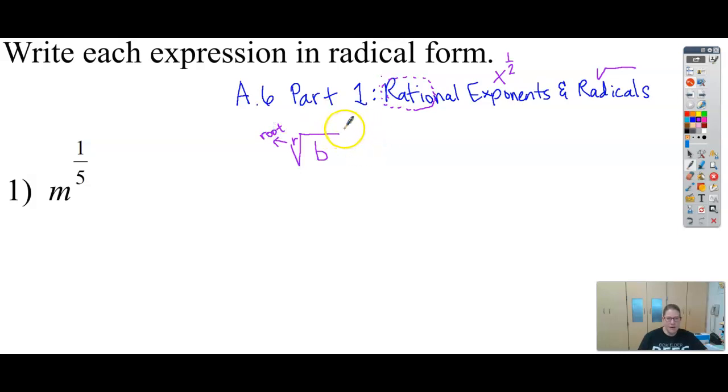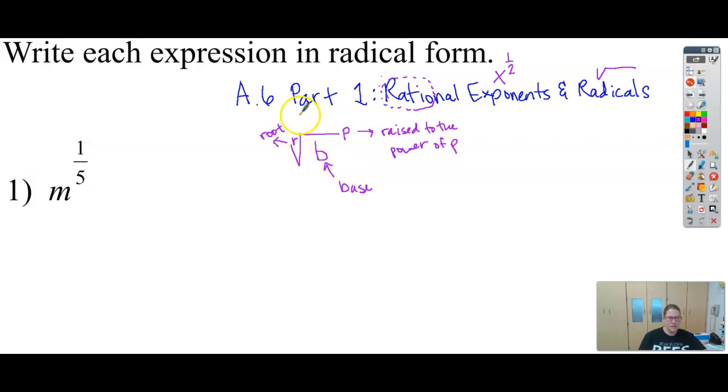And then up here I might have a power, so this is all raised to the power of p. Now, b is again our base number, so that's what stuff is happening to. So if you have a radical, we're taking the r root of the number underneath and raising it to the p power. So both things are happening to it at once.